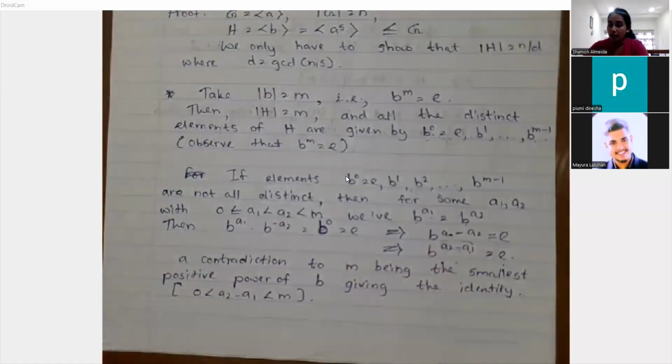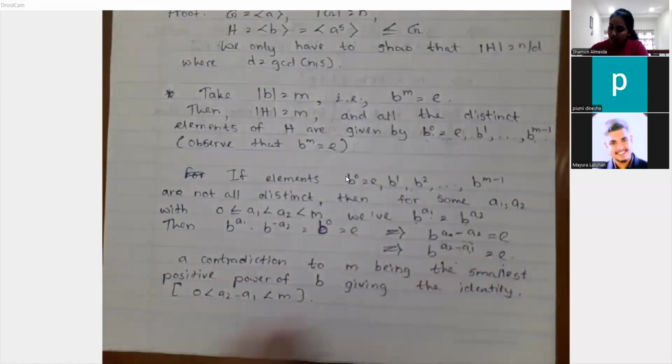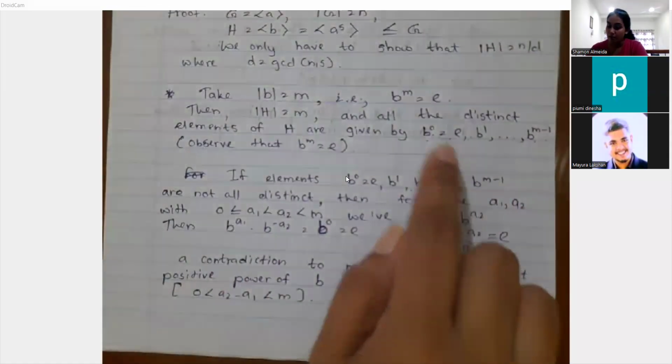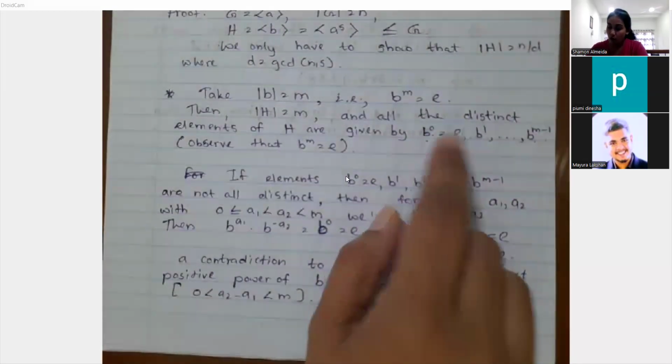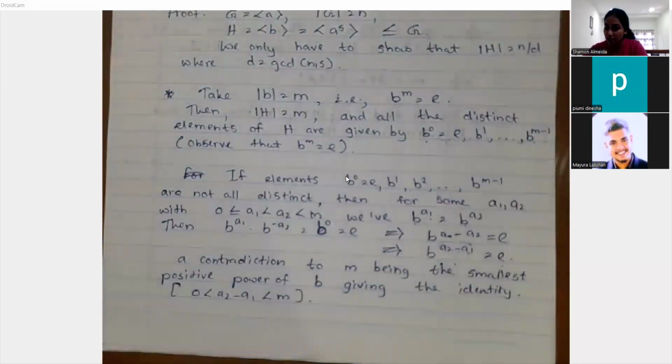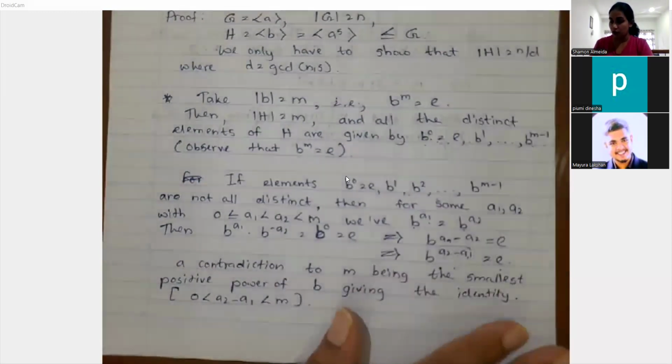And now we have another positive power of B giving us the identity where this number is actually less than M. So this is a contradiction. Therefore, the supposition must be wrong. That means we must have all these elements to be distinct. B to the power of 0, B^1 up to B^(M-1), they all must be different from each other. Right, so this is where we are at now. We had to go from here.